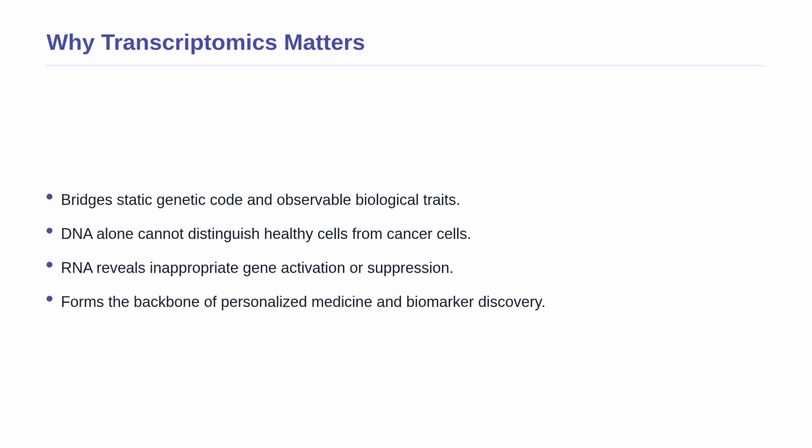If we only looked at DNA, we would not be able to tell a healthy cell apart from a cancerous cell because their core genetic blueprints are often nearly identical. By looking at the RNA transcripts, we can actually see that a cancer cell is inappropriately turning on genes for rapid growth and turning off genes for self-destruction. This field is the backbone of modern personalized medicine.